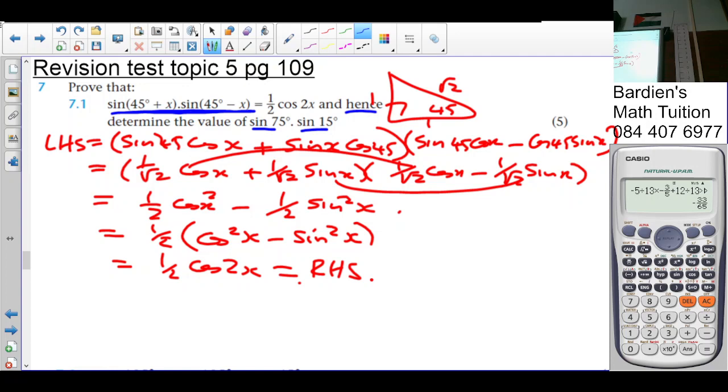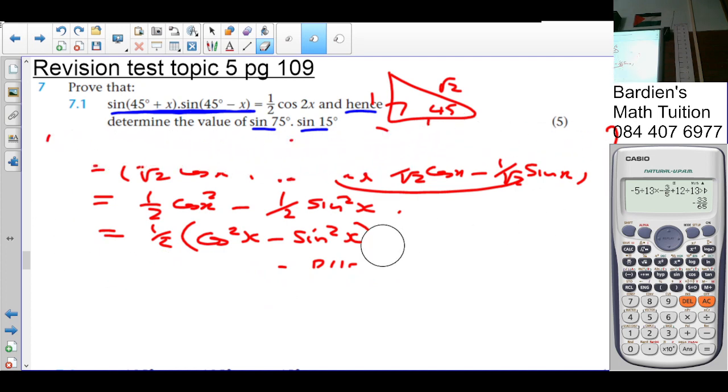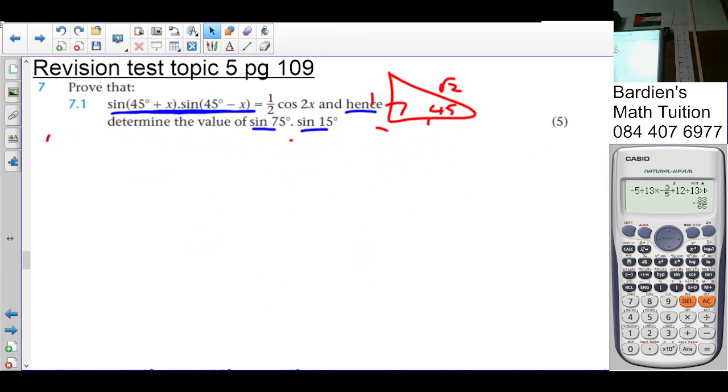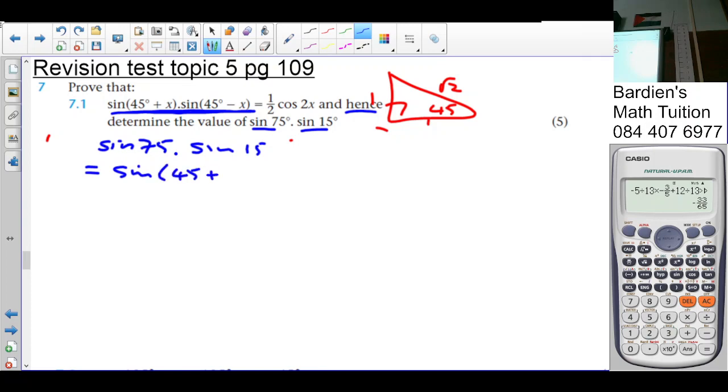Sorry? 30. So what we should note here is that sine 75 sine 15 could be written as sine (45 plus 30) times sine (45 minus 30). Can you see that, people?